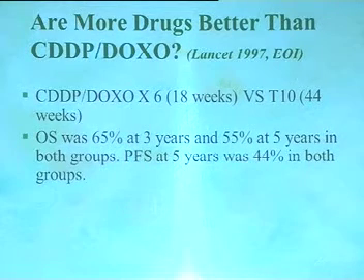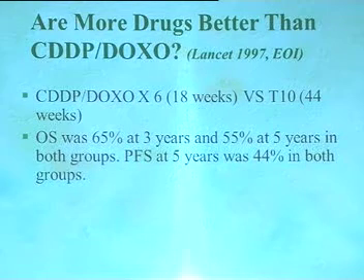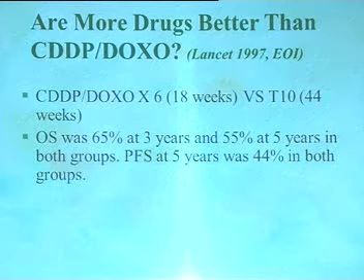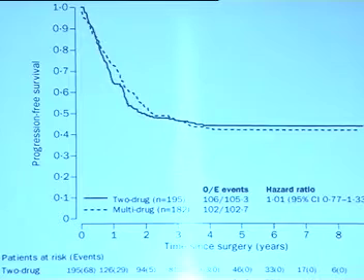So the cisplatinum Adria regimen was over 18 weeks versus the 44-week protocol of T10. And the results were that they were equal in both the groups. So the conclusion was that the two drugs, cisplatinum and adriamycin, are equally effective as the so-called more complicated T10 protocol.